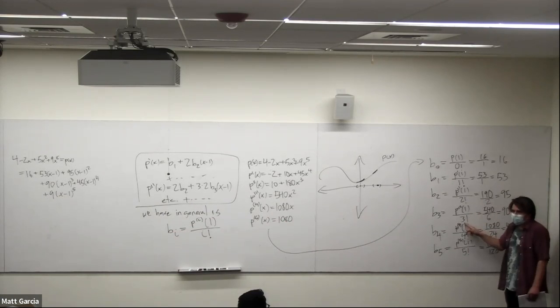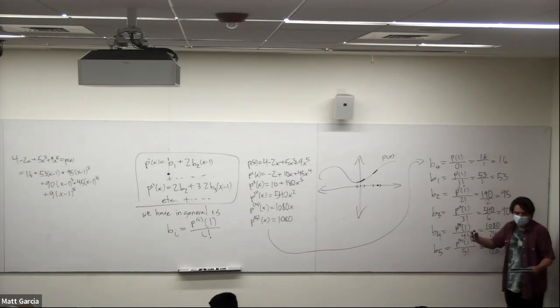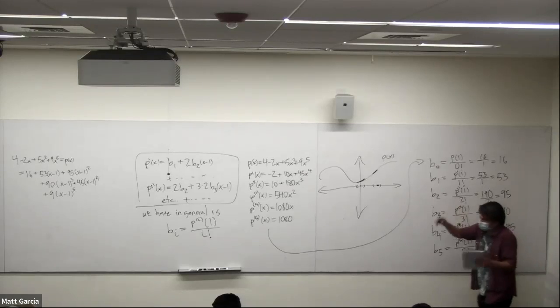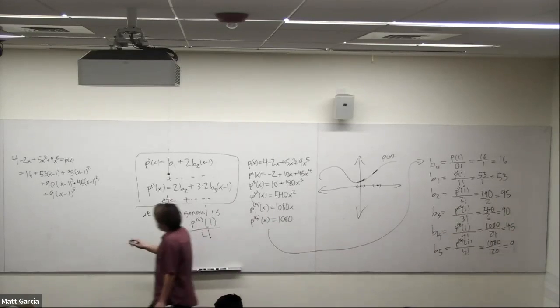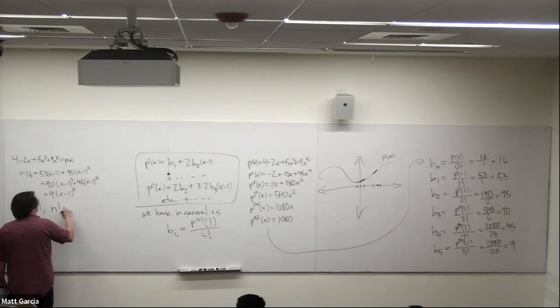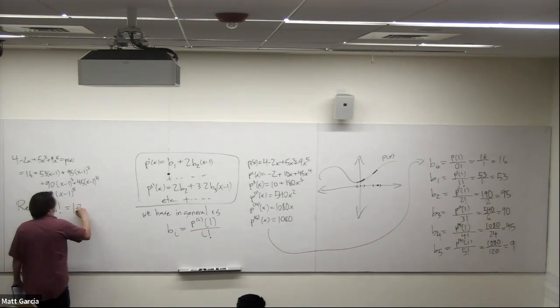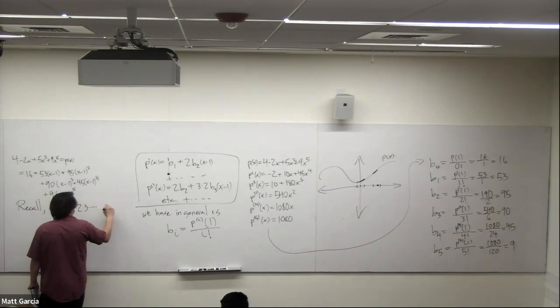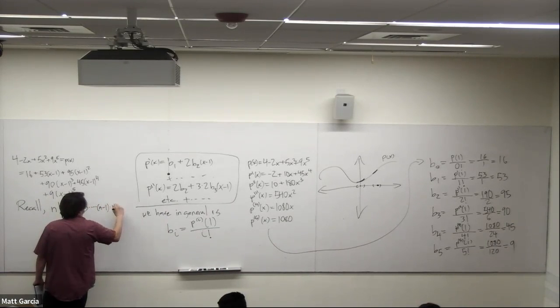Is this unfamiliar notation, factorial? I was just saying that freely, but I'll write this down. n factorial is equal to 1 times 2 times 3, all the way up to n minus 1 times n.